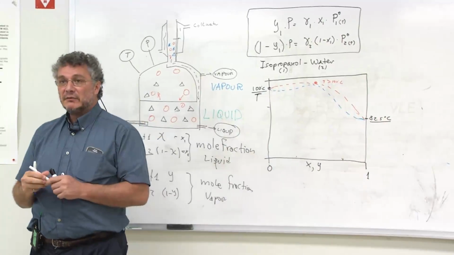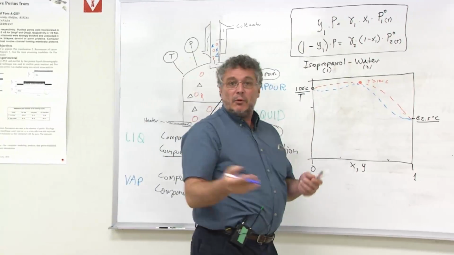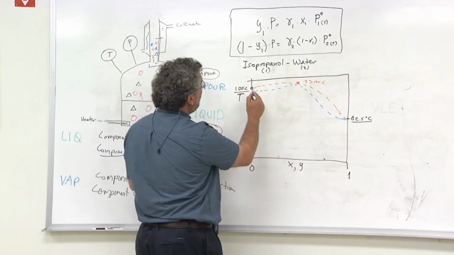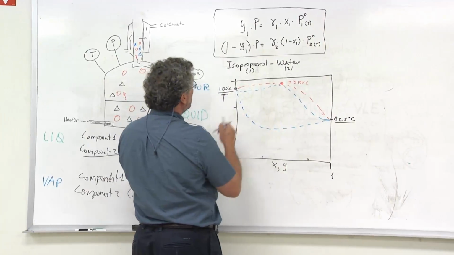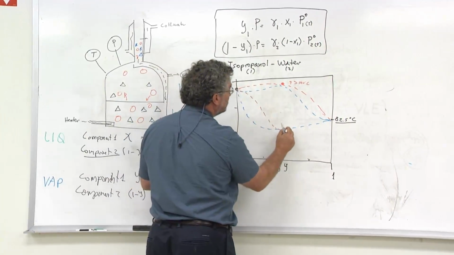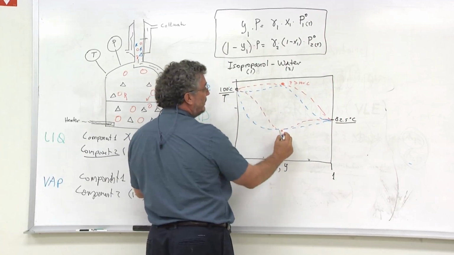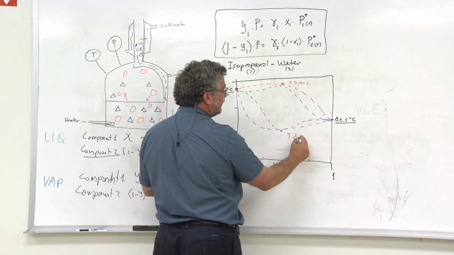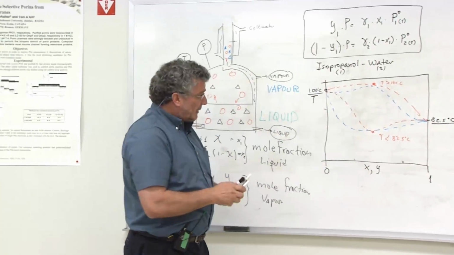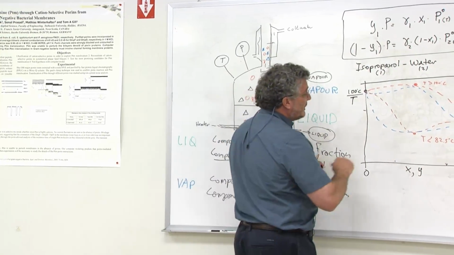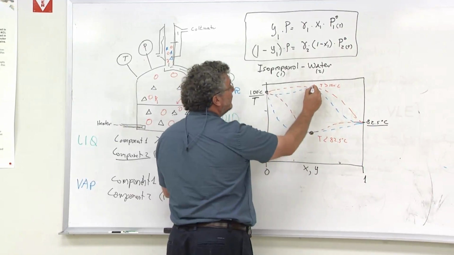Or you end up having low boiling point azeotropes, which would look something like that, in which you get a boiling point minimum, in which the temperature is lower, in this case than 82.5 degrees Celsius.